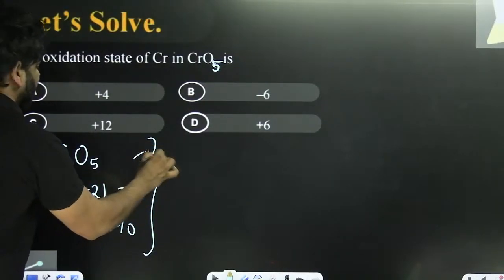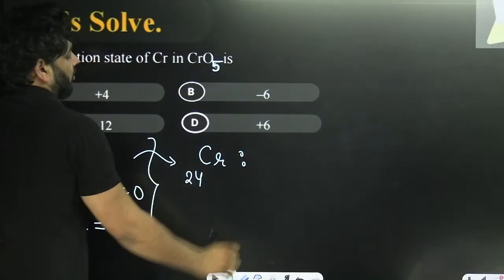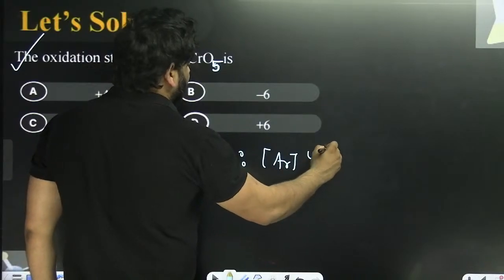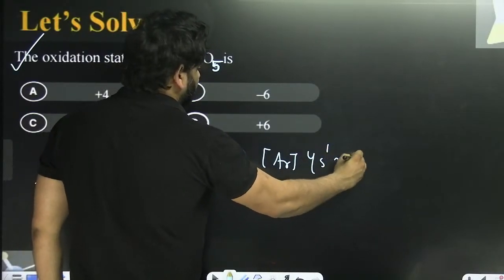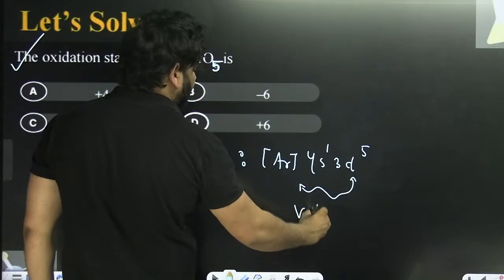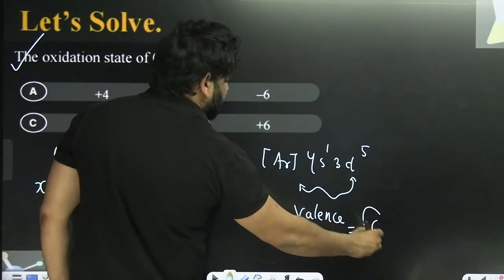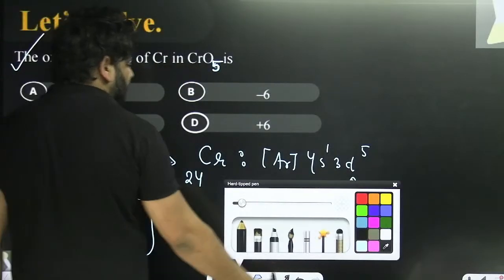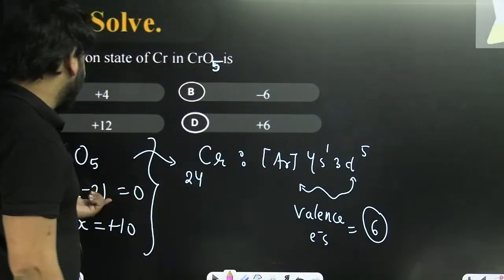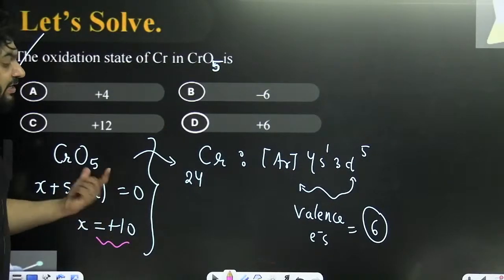But if you look at chromium, whose atomic number is 24 and its electronic configuration is argon 4s1 3d5, how many valence electrons can you see? The number of valence electrons is 6. So the maximum electrons it can lose is 6, and here we find the oxidation state is coming as positive 10. How is it supposed to lose 10 electrons?